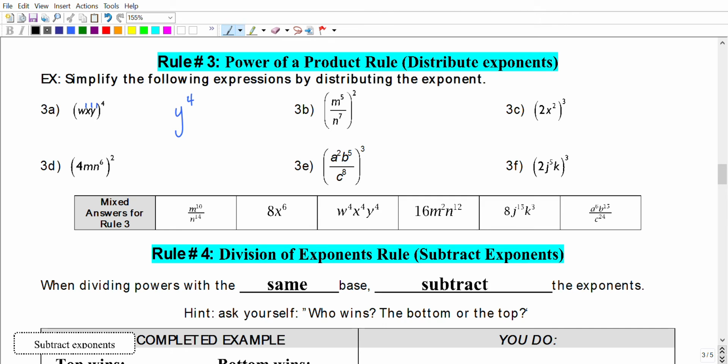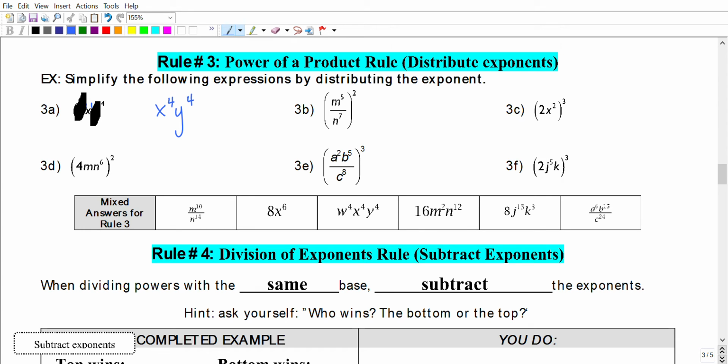But what I'm going to do now is yet again block out my w and block out my x. I'm sorry, block out my y rather. See if I can do this. There we go. So the only thing that shows here is x to the 1st and then raised to the 4th. And yet again, you should be able to tell me that the answer to that is x to the 4th.